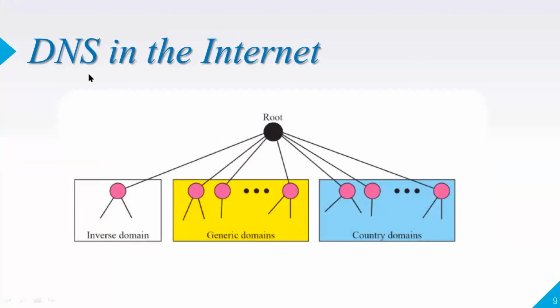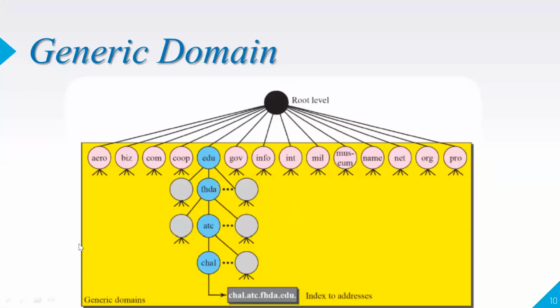And now DNS in the internet. DNS is a protocol, and it can be used on different platforms in the internet. It has three domains: the generic domain, the country domain, and the inverse domain. In the generic domain, every host is registered according to the generic behavior.